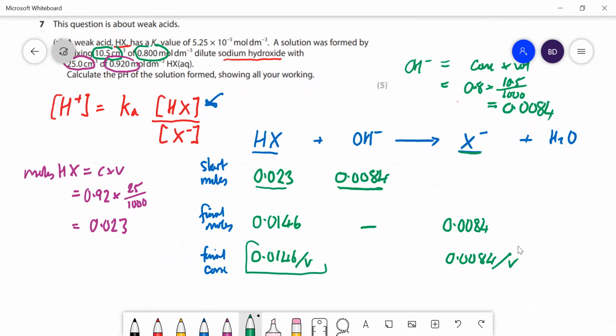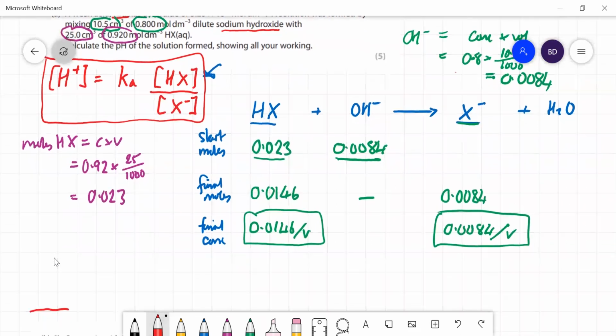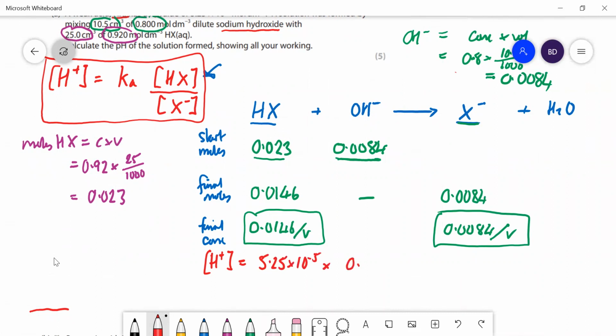Now we're ready to put these values into our equation up here. So let's do that. H plus concentration is going to be equal to the Ka, which we are told is 5.25 times 10 to the minus 5, multiplied by the concentration of HX, which is 0.0146 over V, and the X minus is 0.0084 over V. Our V's are going to cancel out.